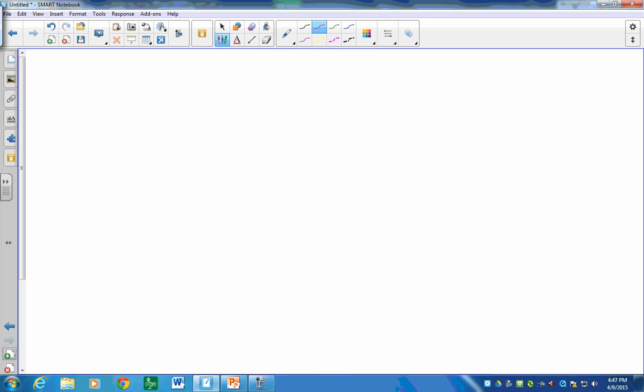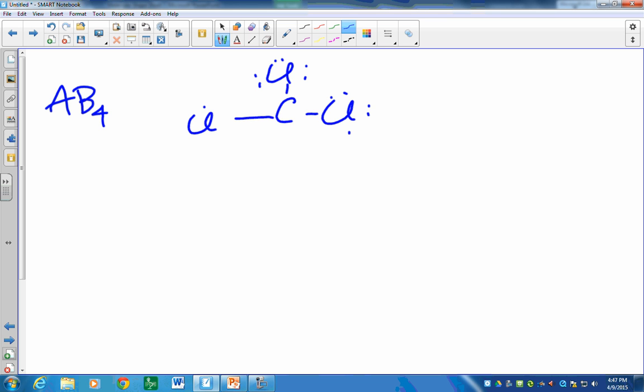Now, going to AB4, which is crazy. The reason we did this lab is when you do AB4 in 2 dimensions, carbon tetrachloride, that's AB4, it looks like a big giant plus sign.